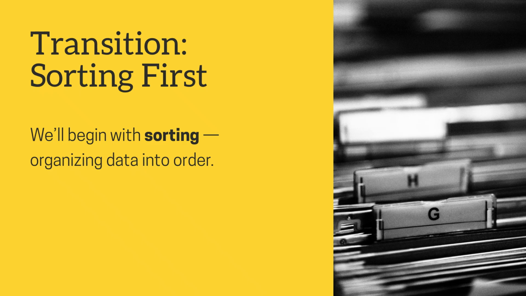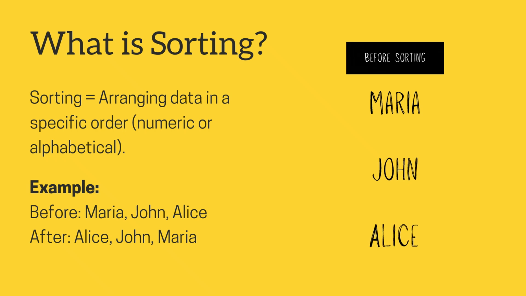We'll start with sorting because before you can search effectively, it helps to have your data in some kind of order. Sorting is simply arranging data so that it follows a particular pattern. Maybe it's smallest to largest, or A to Z, or earliest to latest. So, sorting means arranging data in a particular order.